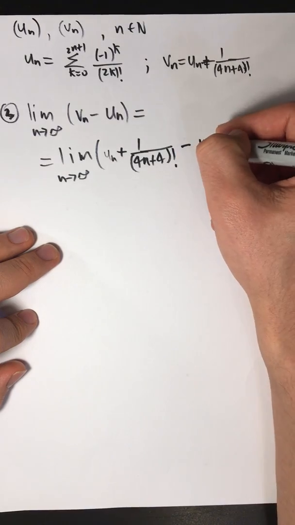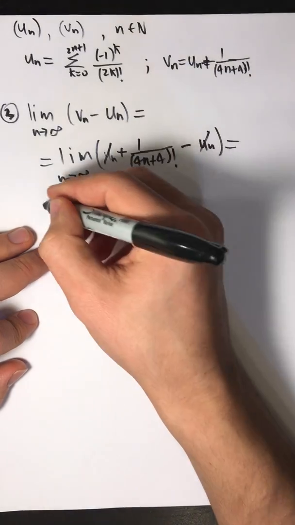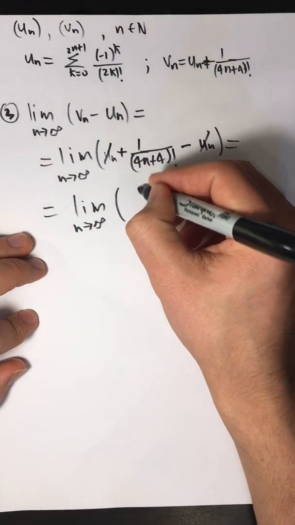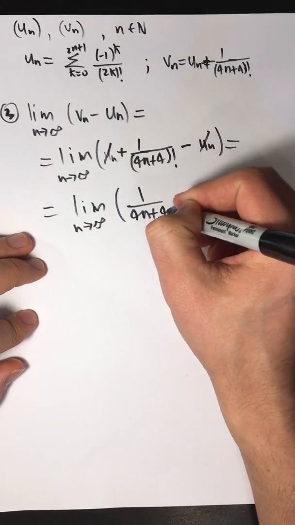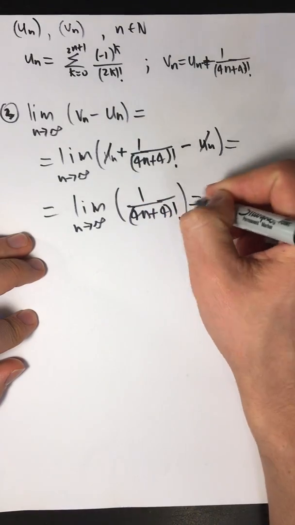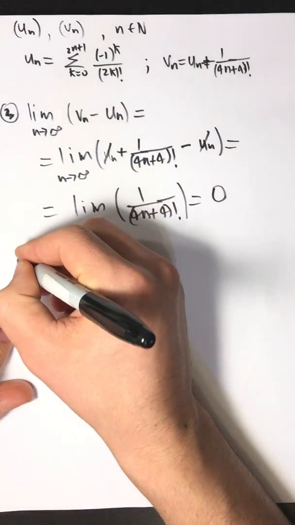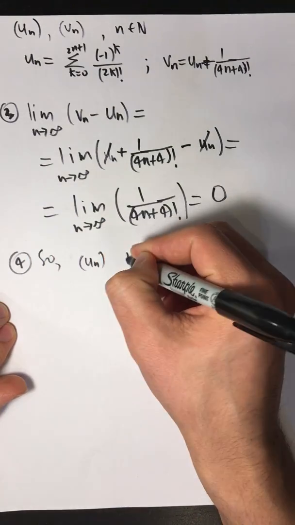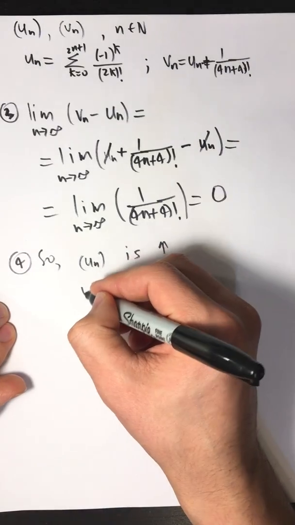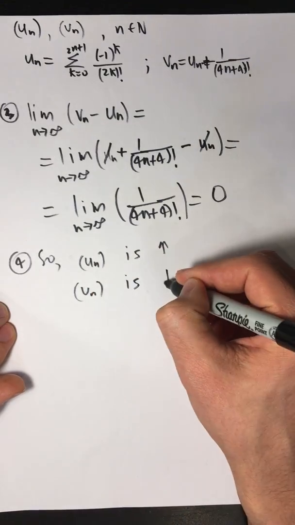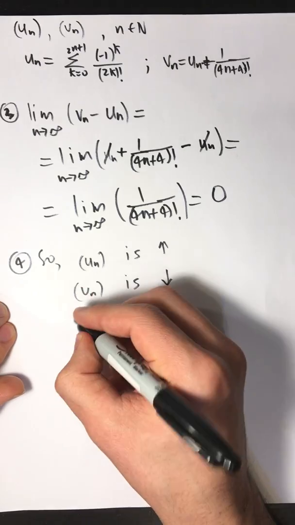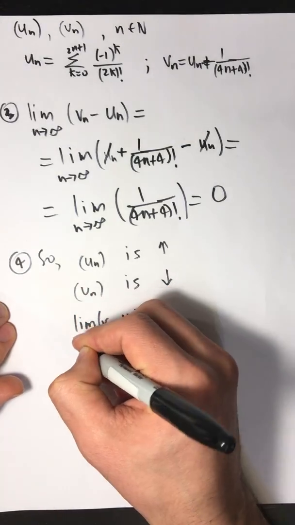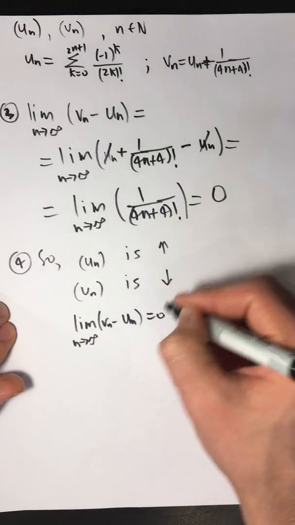Minus Un, it cancels, so you have the limit as n goes to infinity of 1 over 4n plus 4 factorial, which is equal to 0. So number 4: Un is increasing, Vn is decreasing, and the limit of Vn minus Un as n goes to infinity equals 0.